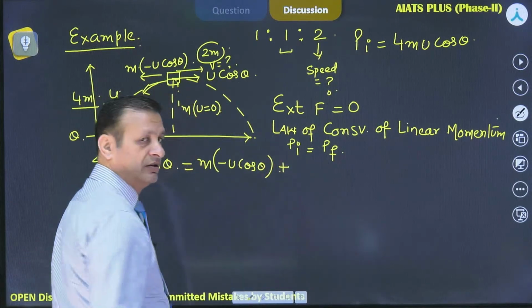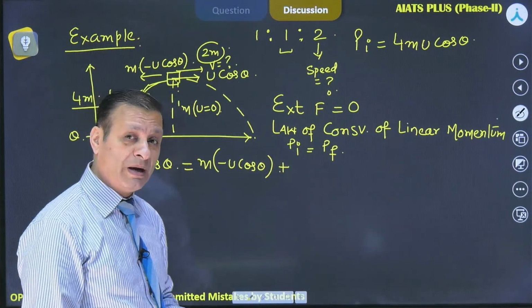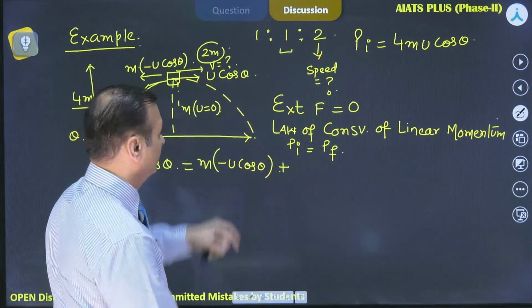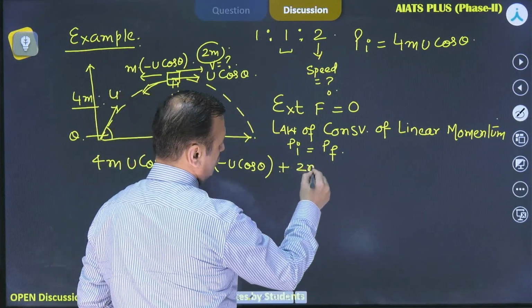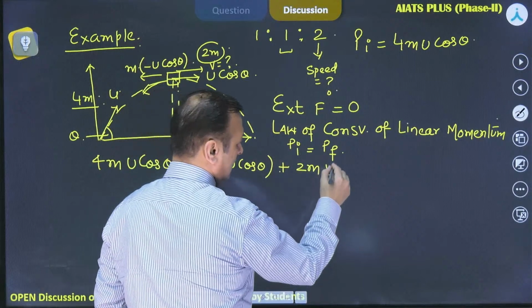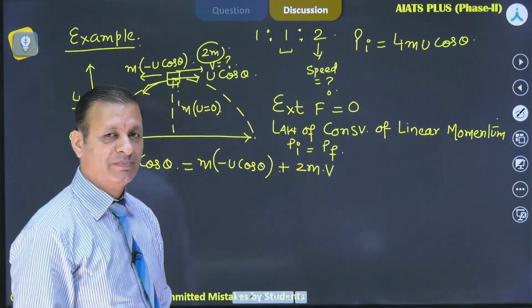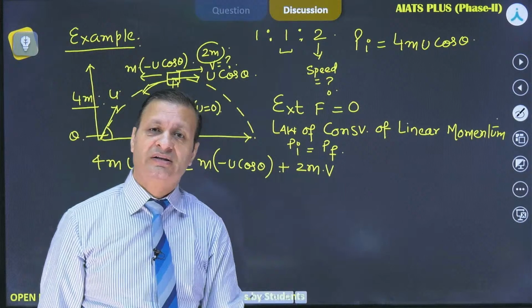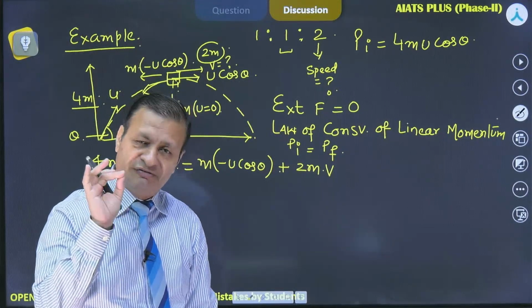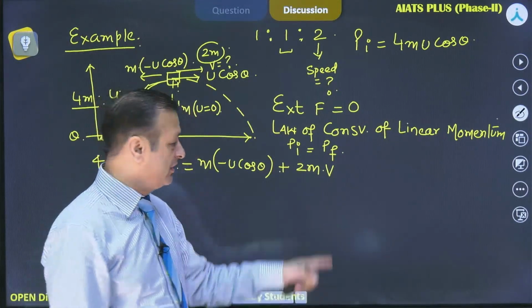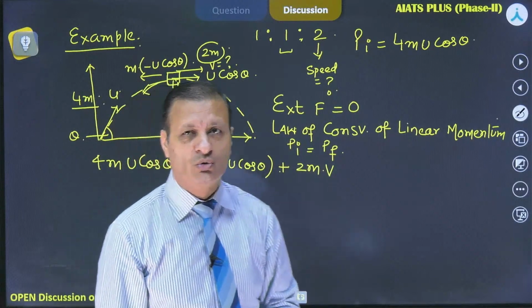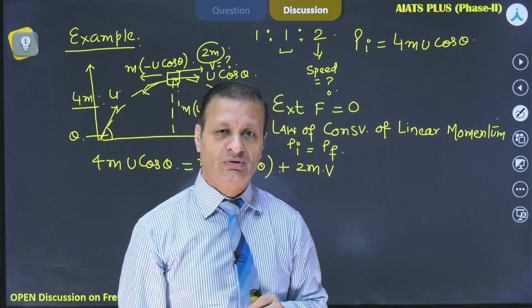And there is one more particle left, of mass 2m with speed v, and it is this v that you are supposed to find out.